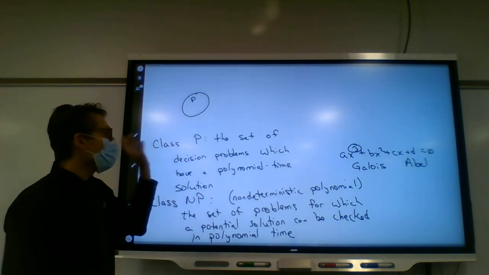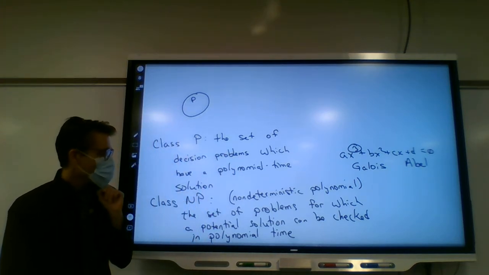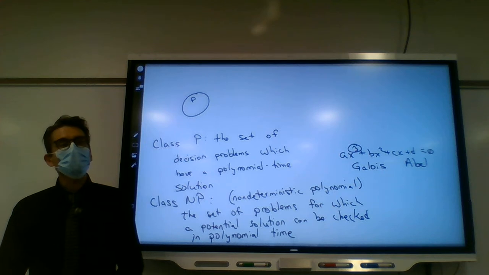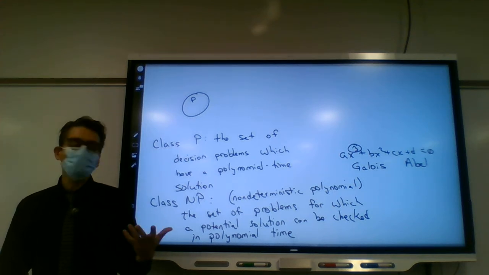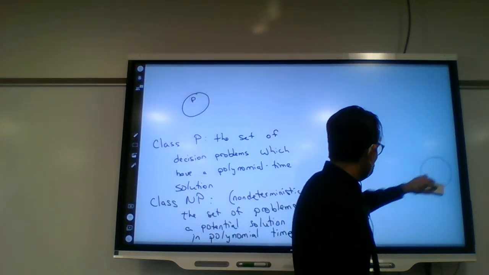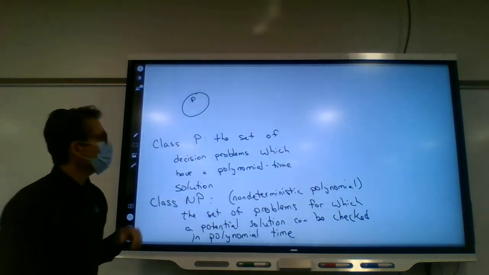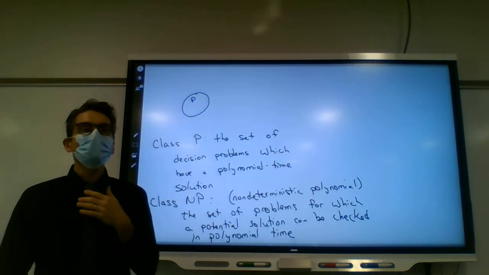But what happens in any of those? If somebody were to give you a 20th degree polynomial and a potential answer, we could check that answer pretty quickly, even if we couldn't come up with the answer on our own. Okay, so class P are the set of problems that we can solve in polynomial time.